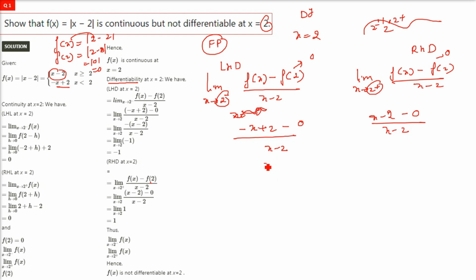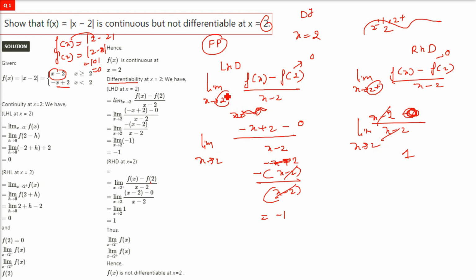So you have minus x plus 2 divided by x minus 2. And in the numerator you can just take negative constant. So you get x minus 2 inside the brackets. You can cancel these two, you will get a negative 1. On right hand derivative, it is going to be 1. x minus 2 gets cancelled with x minus 2. So limit x tends to 2 minus, limit x tends to 2 plus, both the cases.